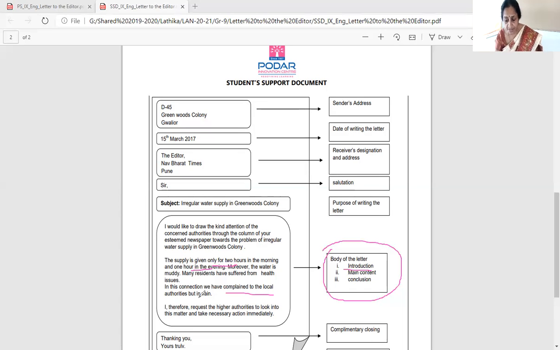So this is the main aim of writing this letter to the editor of that paper. So he expects that by this letter, he will definitely get some response or action to the problem that he is currently facing in that colony. So this is about the format.